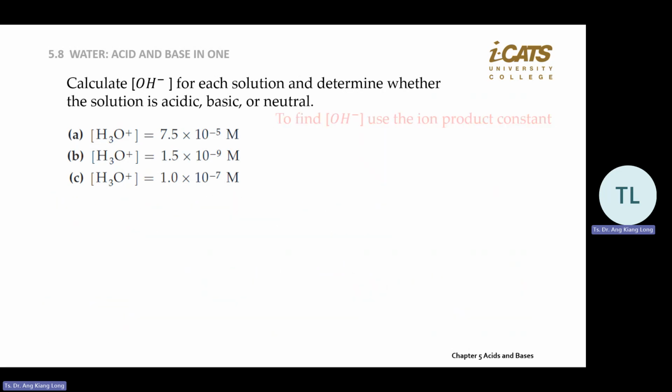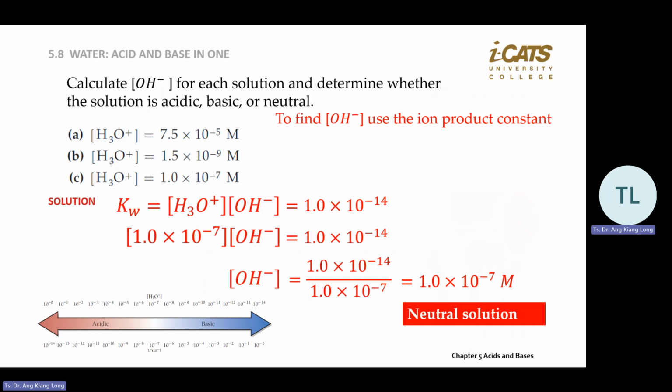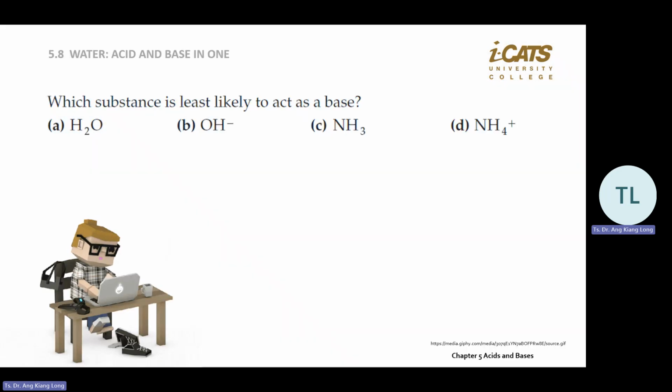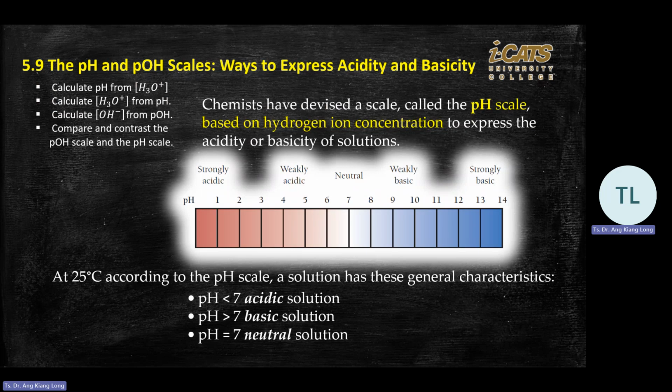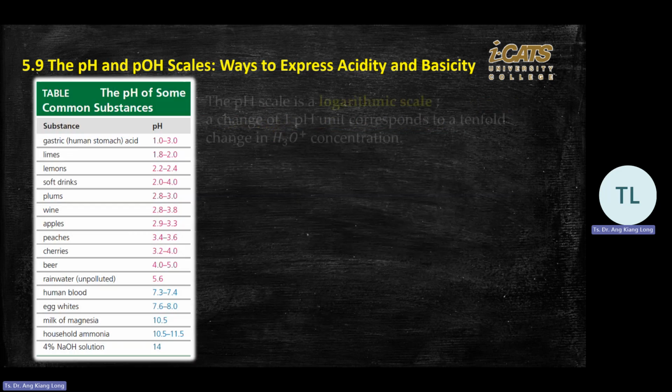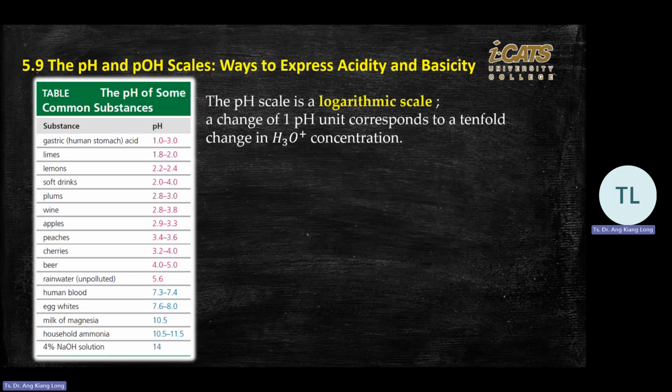What else? So this one, the scale is based on a number. We already covered this. So this one also you refer. Like in the exam, in the test, you will calculate the H plus or OH negative concentration.